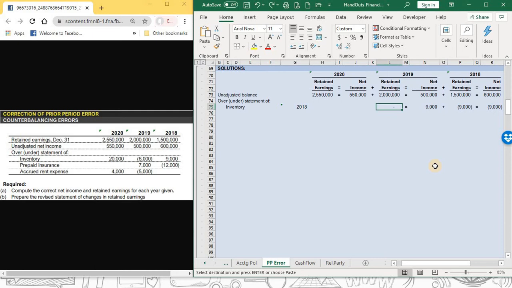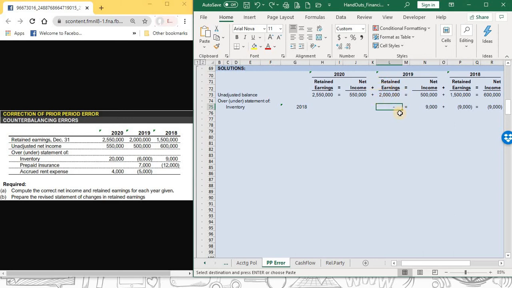And that is because the overstatement of the 2018 net income is already corrected through the understatement of 2019 net income. And both of these net incomes are part of the 2 million retained earnings, where the overstatement of one is already offset with the understatement of the other.